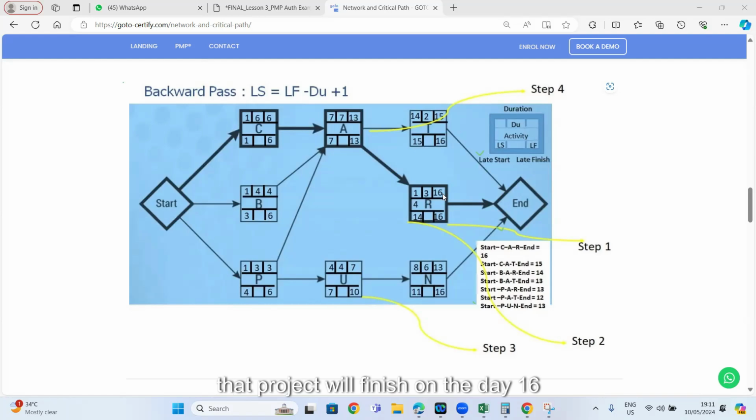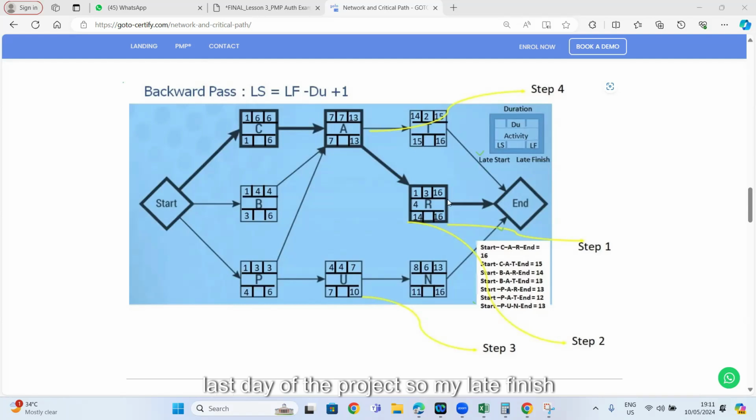So I know that the project will finish on day 16, the end of day 16. So how can I calculate my late finish? Late finish is the end of the project, which is 16, because I cannot delay the project. I must finish on the last day of the project.